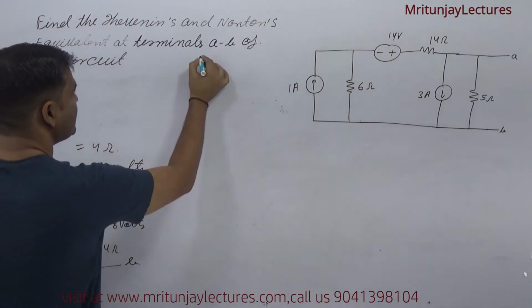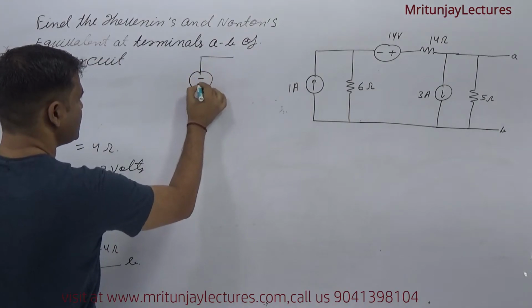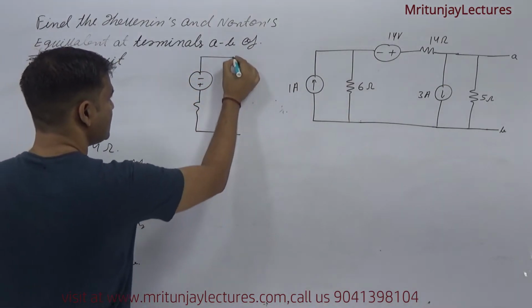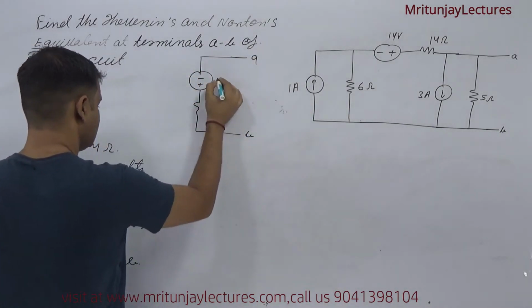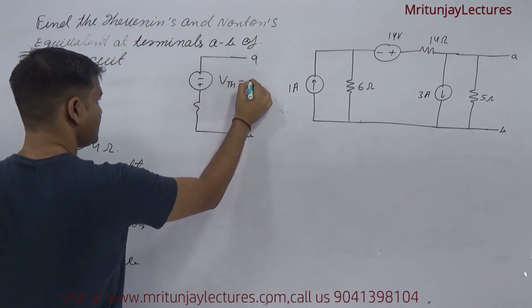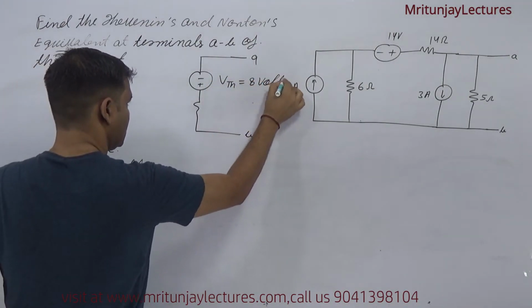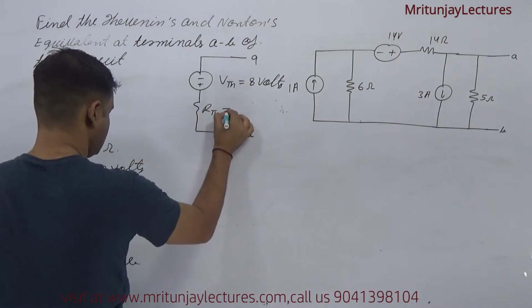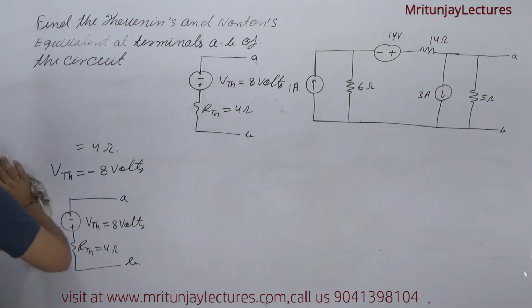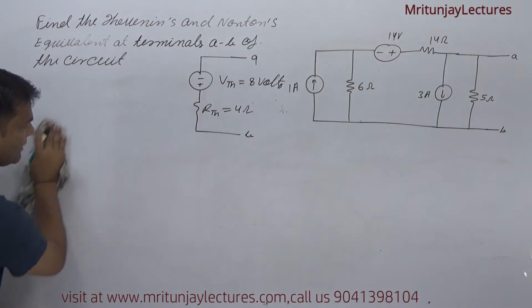So finally the representation of minus plus and RTH, that is A and that is B. VTH is written as 8 volt and RTH is written as 4 ohm. Clear or not?